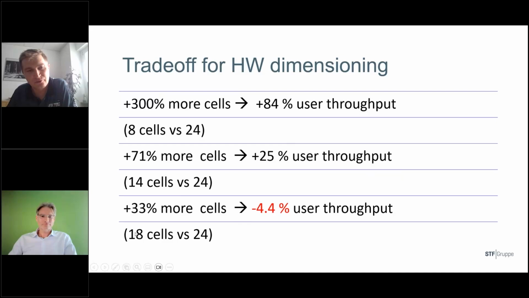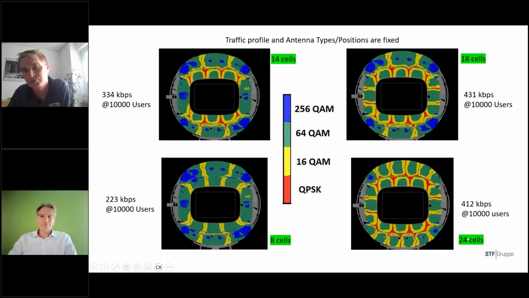So what happens in fact? The transition from 18 to 24 cells may trigger certain degradation of throughput, or at least no gain in throughput. This is already a sign to stop and think: what if 18 cells would be deployed? Do we do all good with 24 cells? That's the main message here.